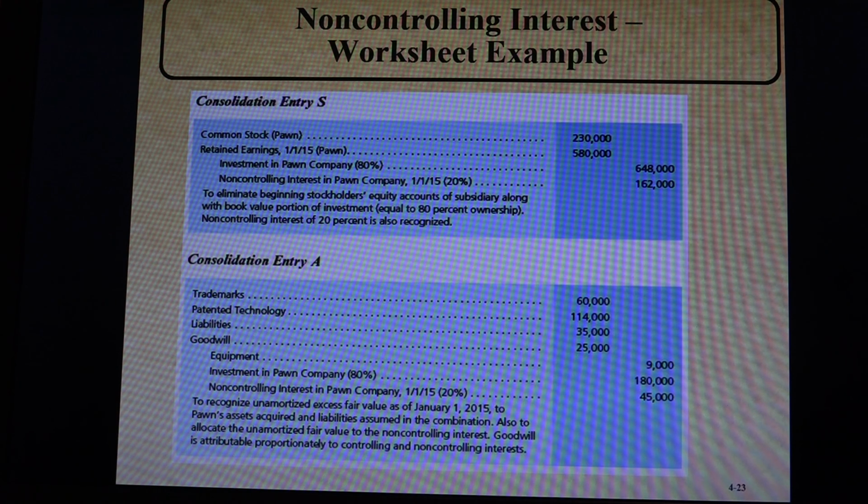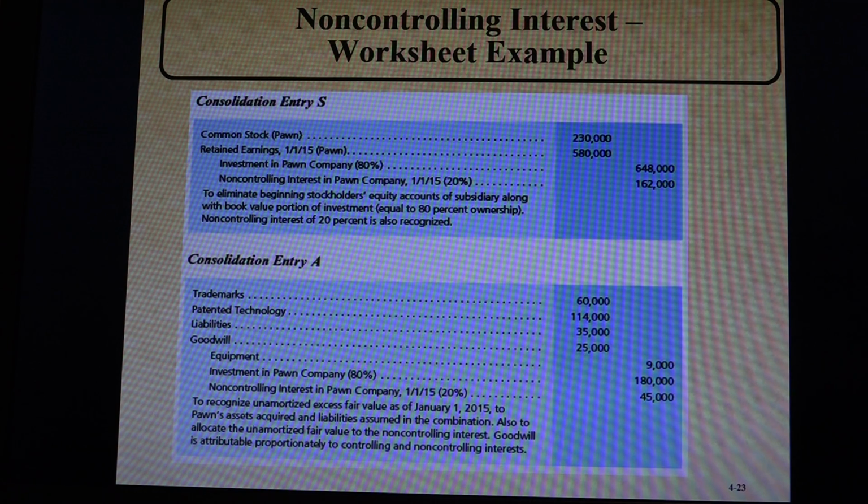And then, let's see. This is 780. Let's see what it says. Investment in Pawn Company, 80%. So the 180 is 780 plus 48,000, 2014 income.